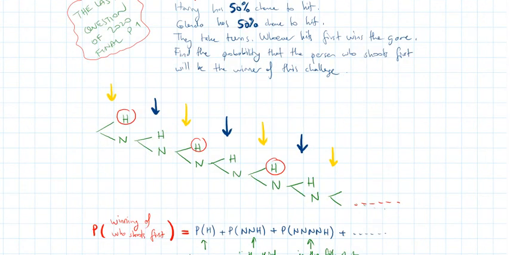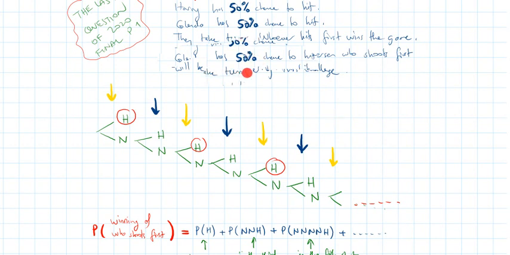Alright, now I have just a few slides left. One is the last question of the 2020 paper 1, because that includes a little bit different idea. Harry has a 50% chance of hitting the bullseye, then Glenda comes, she has the same 50% chance of hitting the bullseye. Now, they take turns, they are having a challenge.